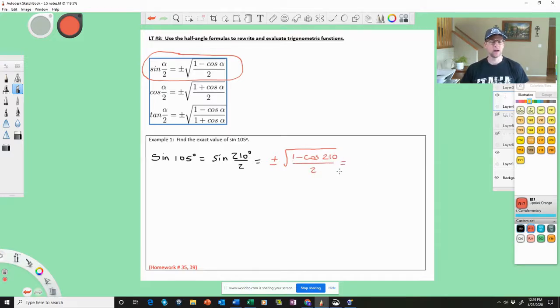This one, I've not seen it come up very often in calculus, but it's good for you to know that it exists and how it works. So let's see, the cosine of 210, just looking on my unit circle, I can see that it's negative root 3 over 2. And since the cosine of 210 is negative root 3 over 2, this will become 1 plus root 3 over 2, divided by 2.